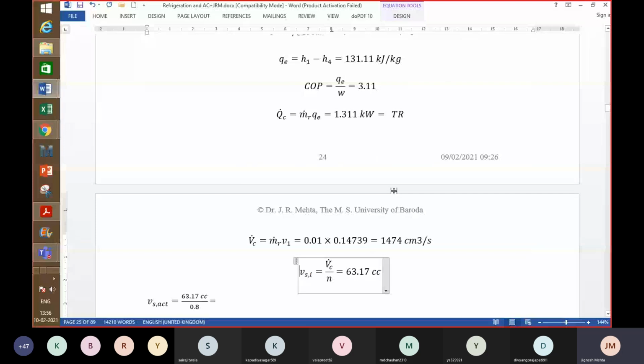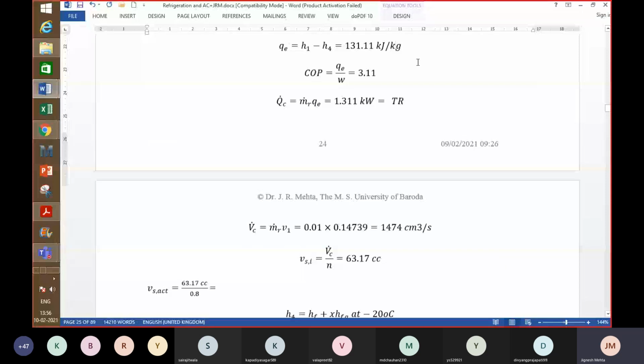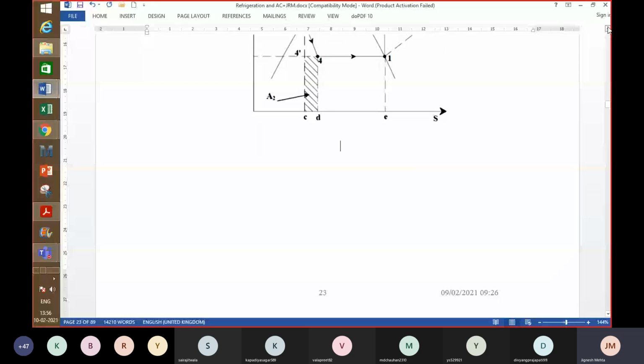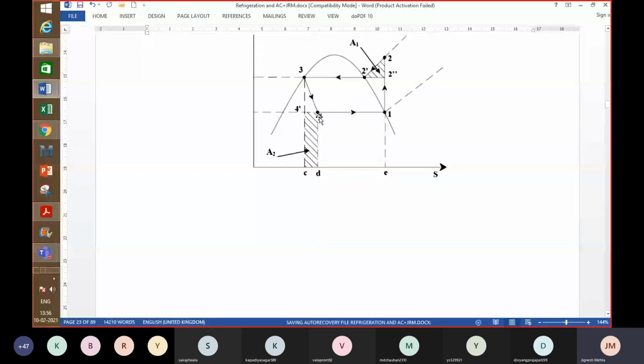That's how you will get the dryness fraction, right? So low dryness fraction is desired, high dryness fraction is not desired. But if you want to achieve lower temperatures, you have to extend this process further, and the dryness fraction will be high in that case.